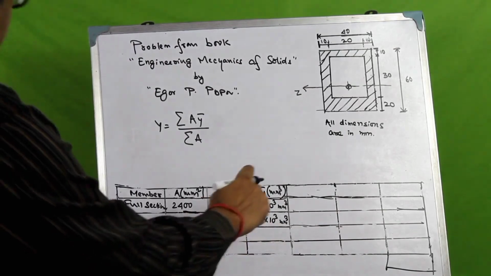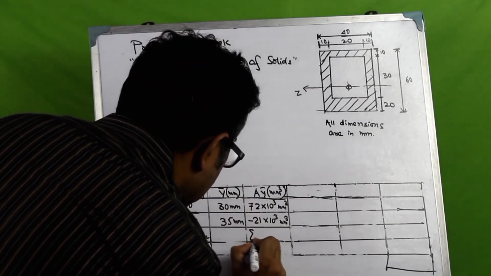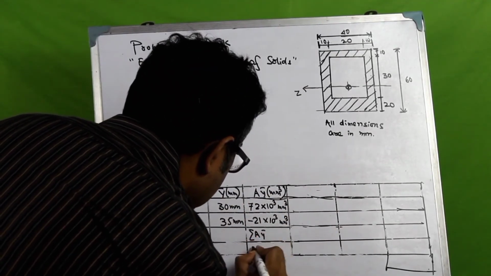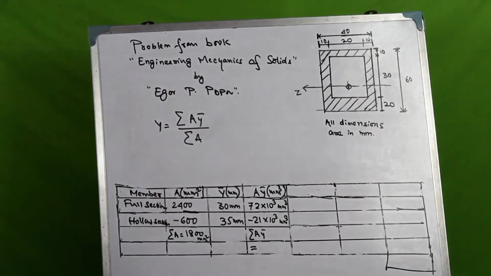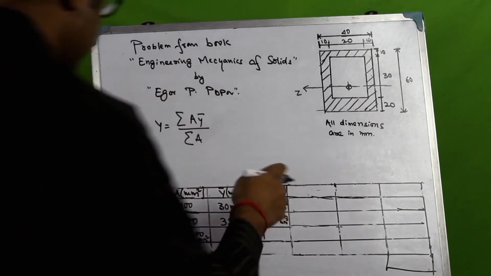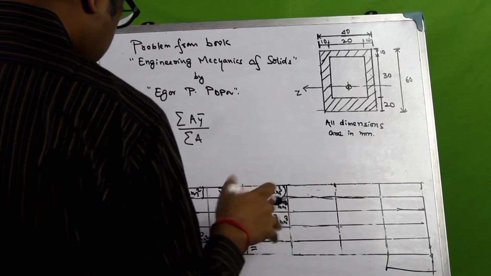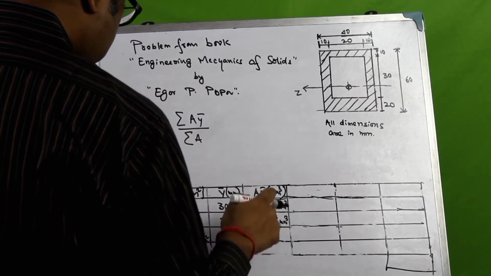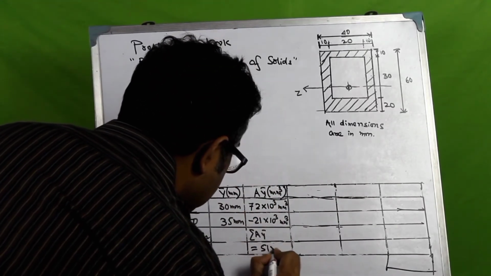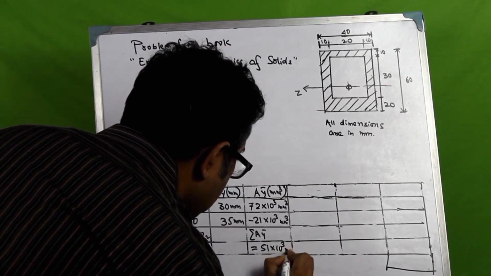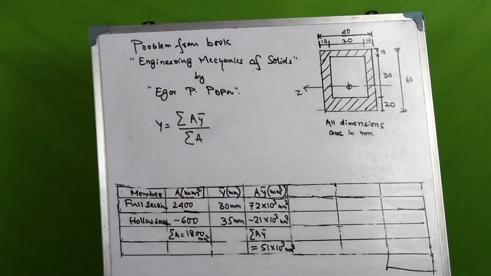Now we haven't done the summation of A y bar. So A y bar would be equal to, adding these two up, 70 plus 2 — these are 10 cubes, so it remains common — 72 minus 21 would be 51. So it is 51 into 10 cube millimeter cube.